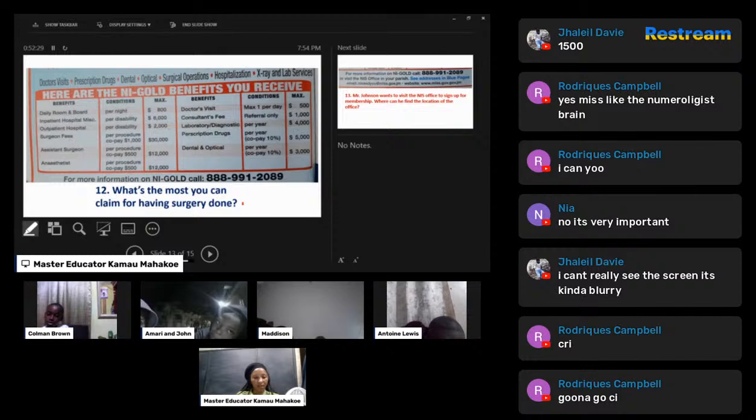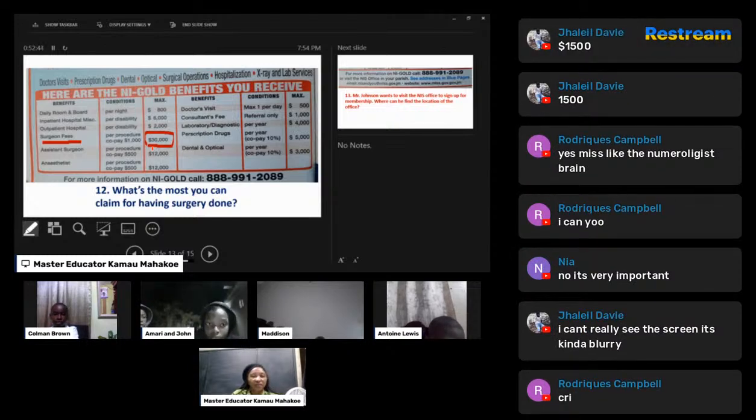All right, so it says surgery, surgeon fees, maximum $30,000. So if your surgery came to $50,000, you are going to have to find the rest. They are only going to pay up to $30,000 of it for each procedure.